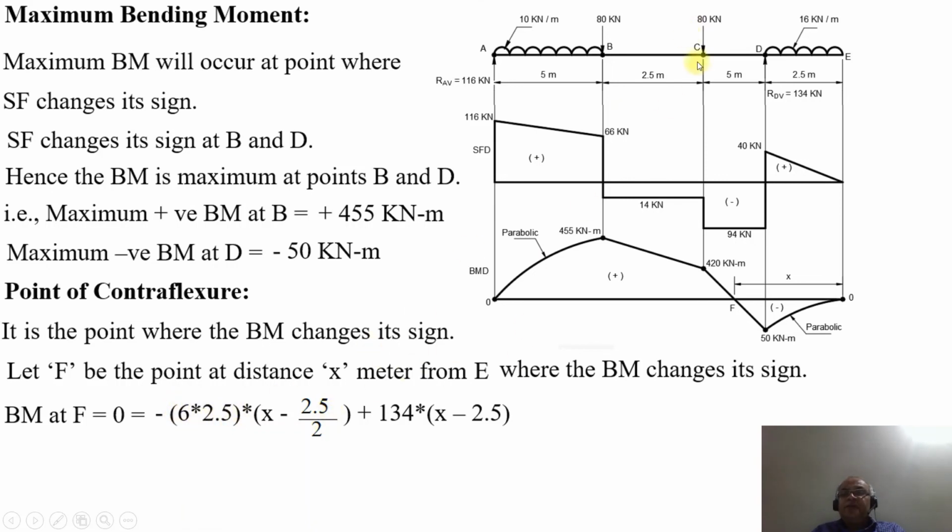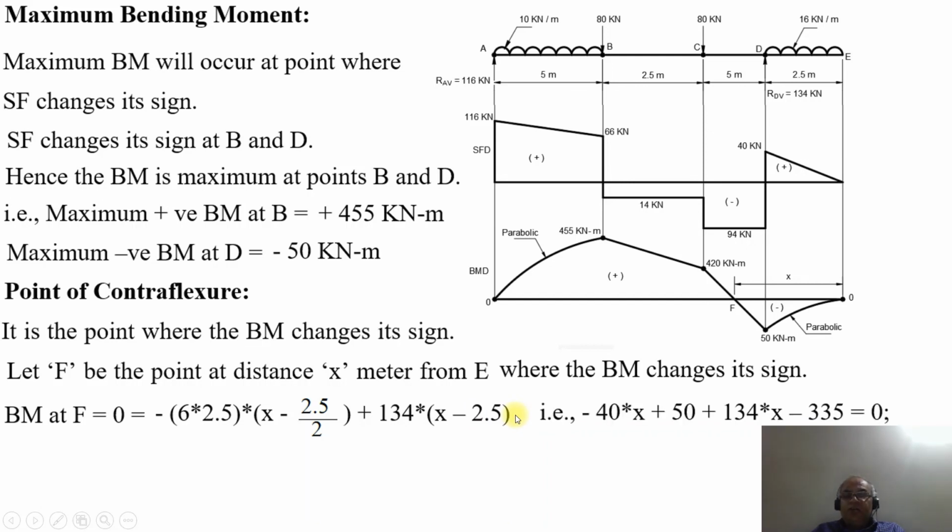Then you have plus. What is going to be that distance? Because the load is acting upwards, it becomes sagging, so naturally it becomes positive. So that is plus 134 into the distance between x and the point D, which will be x minus 2.5.